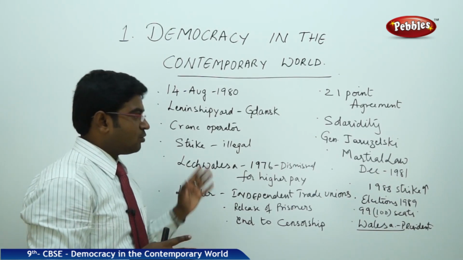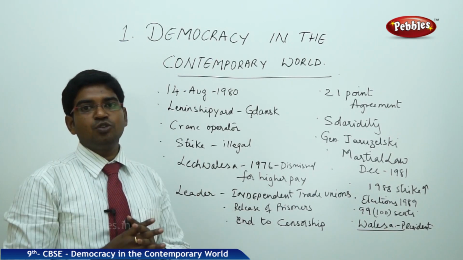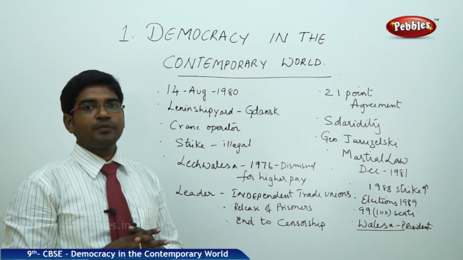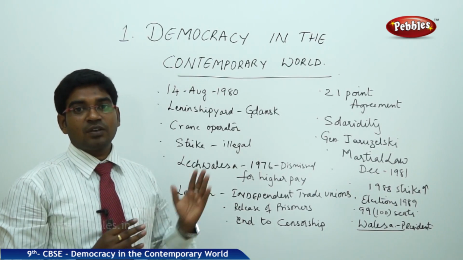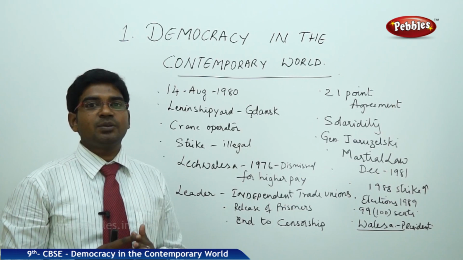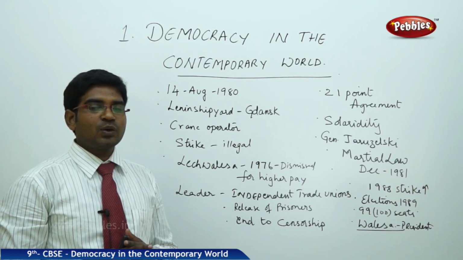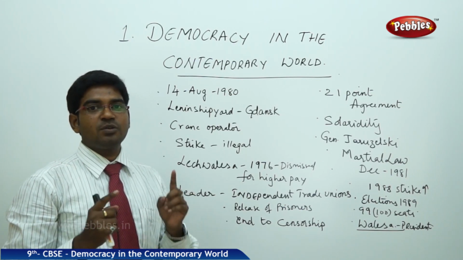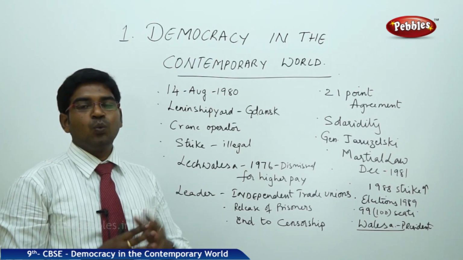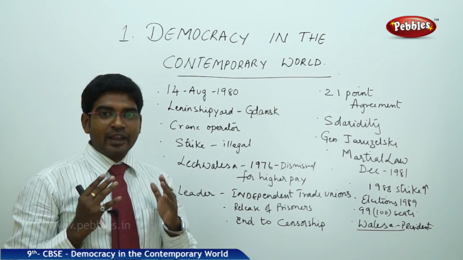As the strike went on to a very large scale and became a huge strike, this massive wave from the workers forced the government to come to an agreement under the leadership of Lech Walesa. Lech Walesa signed a 21-point agreement with the government of Poland, and with that he got an approval.